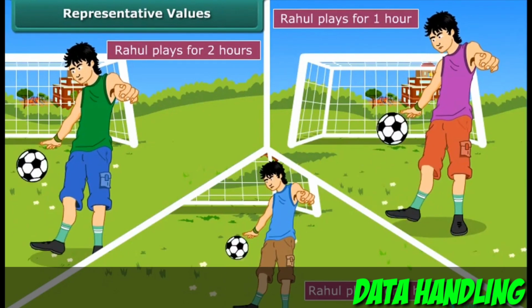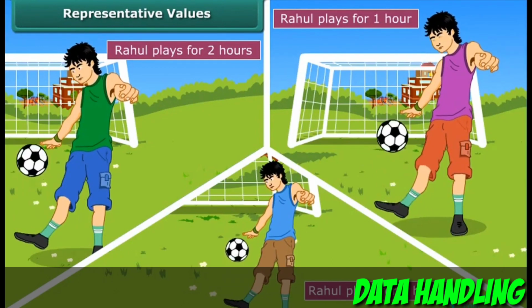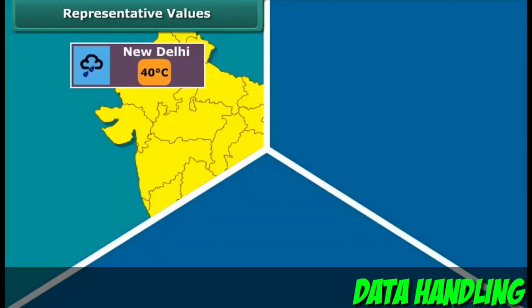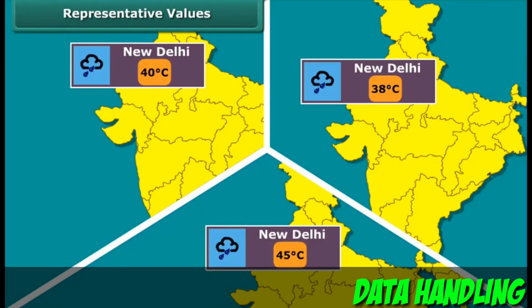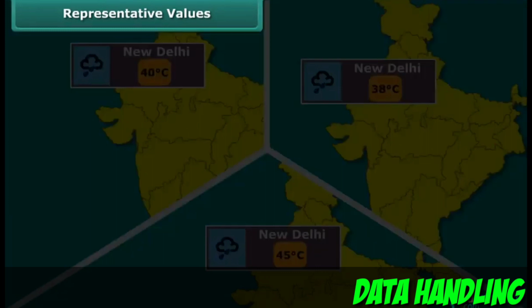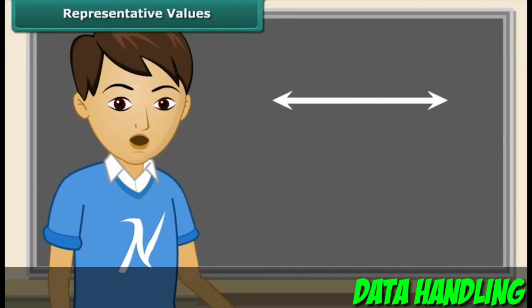On some days, he may play for less number of hours, and on the other days, he may play longer. Similarly, the average temperature of 40 degrees Celsius means that the temperature of New Delhi at this time of the year is around 40 degrees Celsius. Sometimes it may be less than 40 degrees Celsius, and at other times it may be more than 40 degrees Celsius. Thus, we realize that average lies between the highest and the lowest value of the given data.